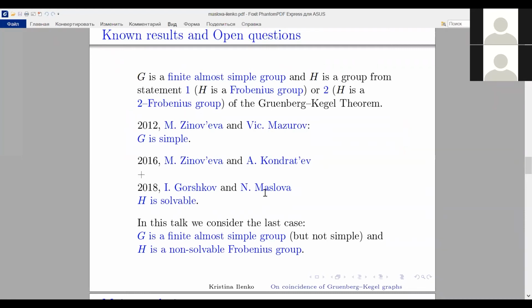In other words, our research is relevant because it was necessary to complete the description of cases of coincidence of Gruenberg-Kegel graphs of finite almost simple groups and of Frobenius or two-Frobenius groups.